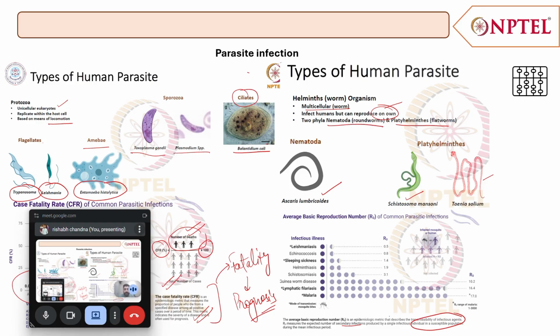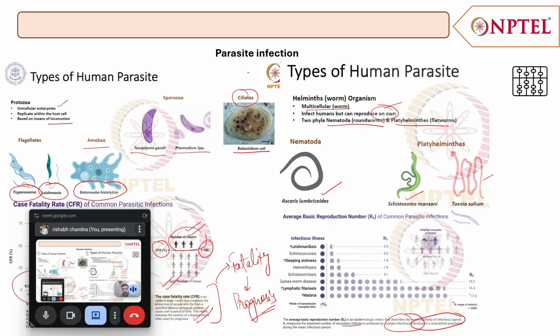So it checks how a single infectious individual can spread the particular disease in a population during a mean infection period. This is how the basic reproduction number is defined.